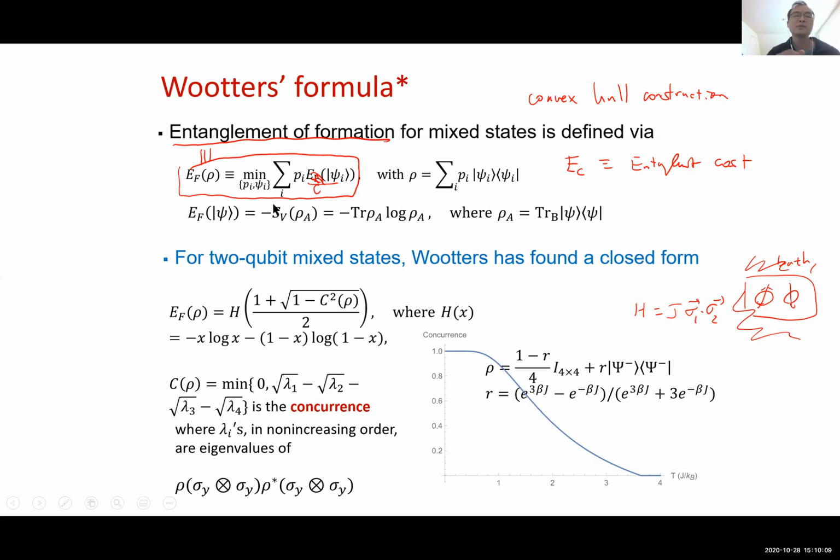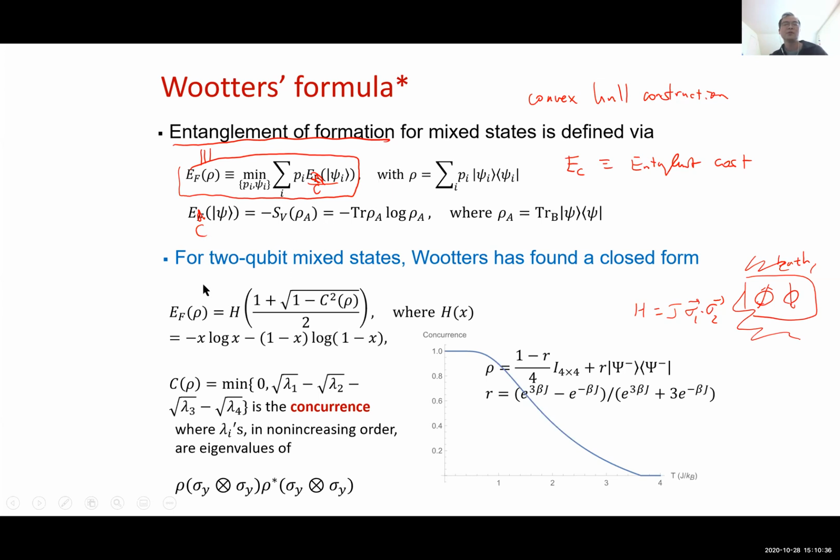EC and EF agree on pure states. So you use this to define the mixed state. It also looks very complicated, difficult to calculate, because you have to minimize over all possible decompositions.